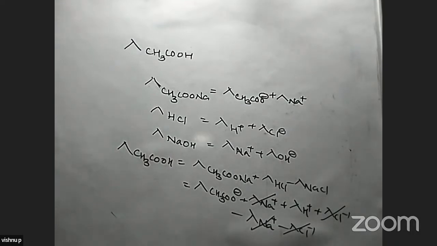So this is the electrochemistry second part, the electrolysis part, completed according to the exam view, and we'll discuss a few questions based on this electrolysis. Here is one question.